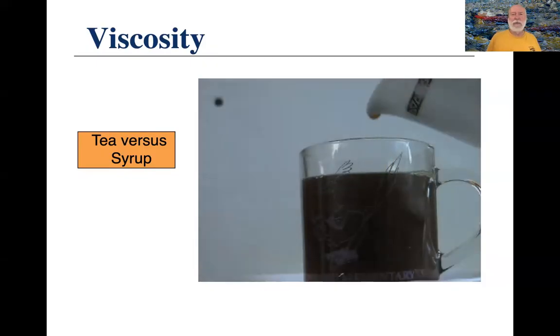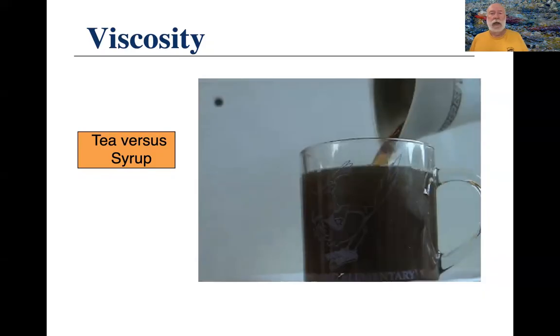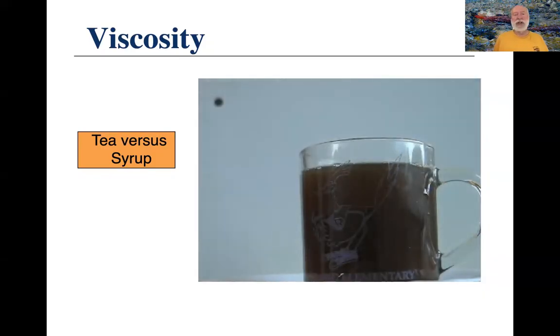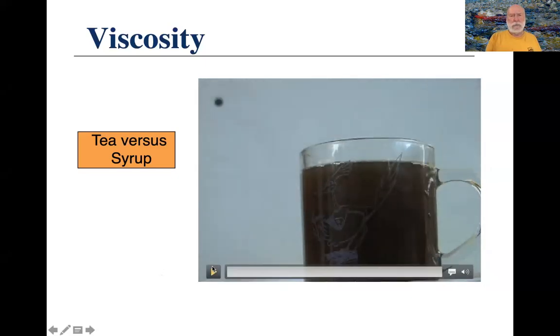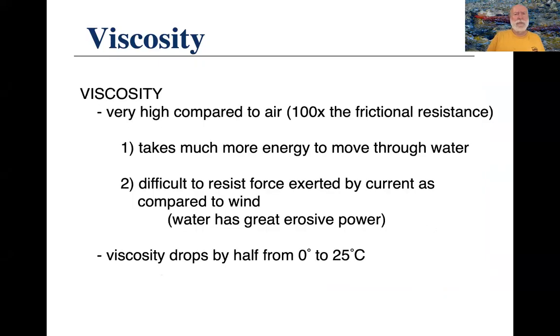So you can see it pouring very easily, where something like syrup has a much higher viscosity. So there you can see the syrup relatively slowly pouring down and into the mug. Okay, so that represents what we mean by viscosity.